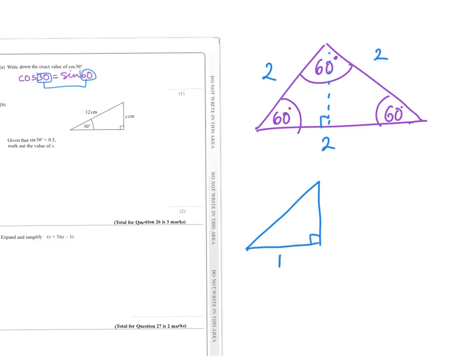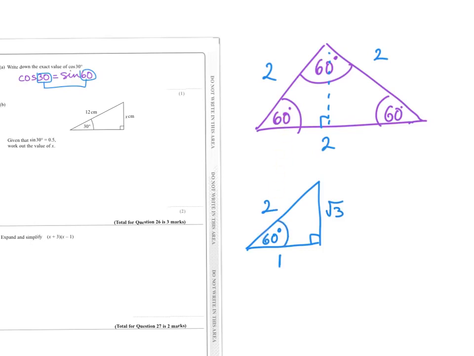This length would be 1 because it would be half of this 2 here. This length here would be 2. So by Pythagoras, this length here would be 2 squared minus 1 squared, which would be root 3. This angle remains as 60 because this hasn't changed.